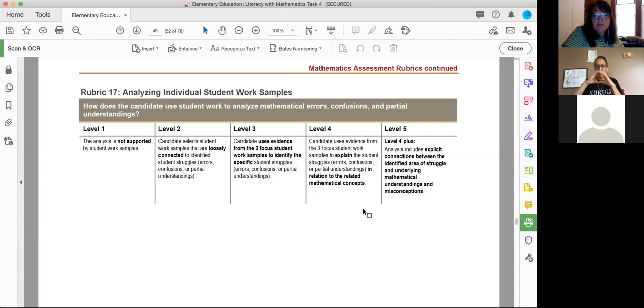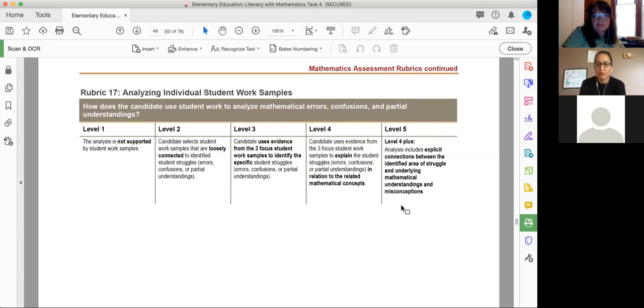And then you have your commentary, right? All those things, your analysis, need to be included in the way that you describe that in your commentary. So you always have to connect the student work, what the prompt is asking about, the mathematical concept, and then of course, how you're thinking about that. So you always include all those parts and cite exactly where the scorer can find that.